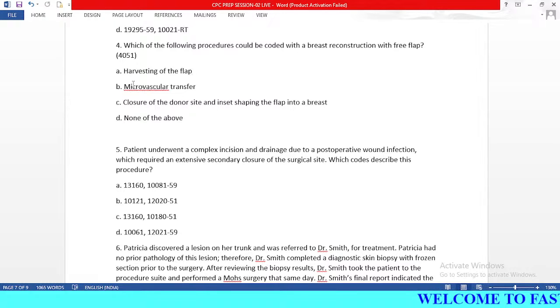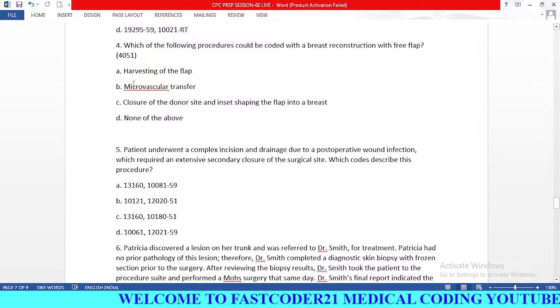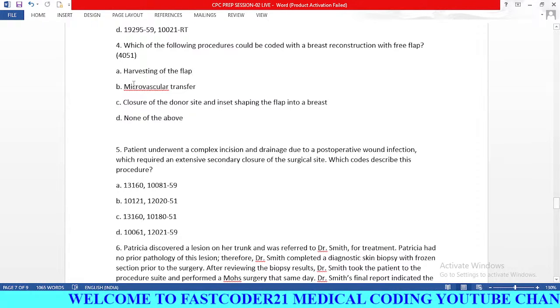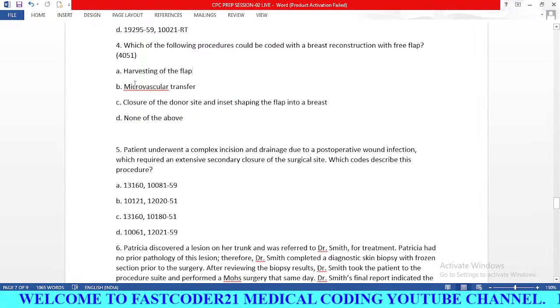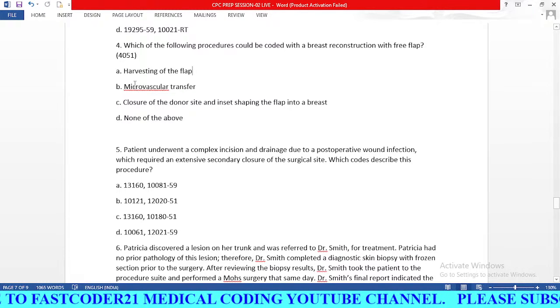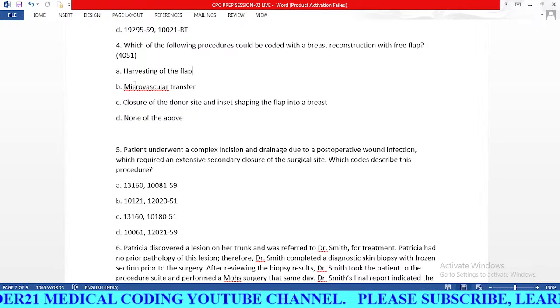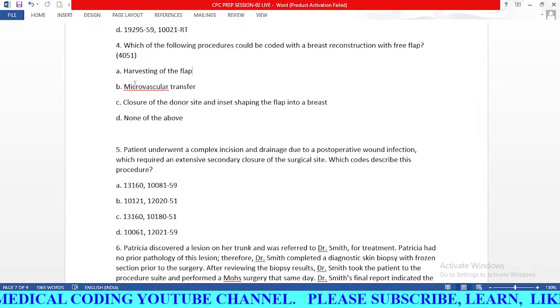Which of the following procedures could be coded with a breast reconstruction with free flap? Harvesting of the flap, microvascular transfer, closure of the donor site, and inset shaping of the flap into a breast, none of the above. So basically here we need to code what we will code along with breast reconstruction with free flap.